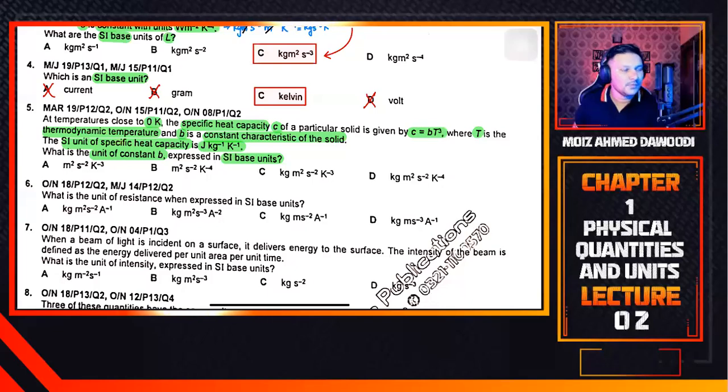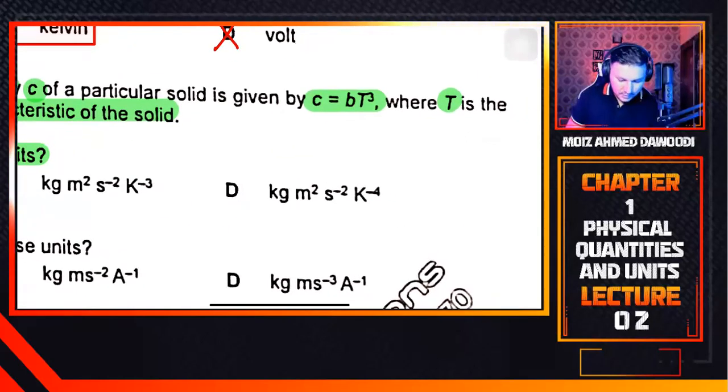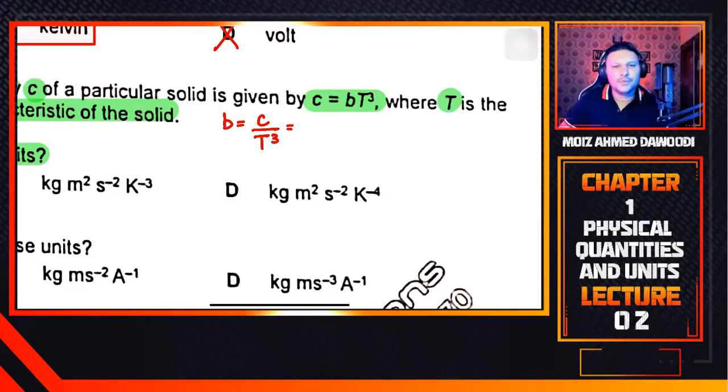Okay, so first of all, make B the subject. So B will be equal to C upon T cubed. Temperature is simple, we'll replace temperature by Kelvin, but we need to look at the SI base unit of specific heat capacity.